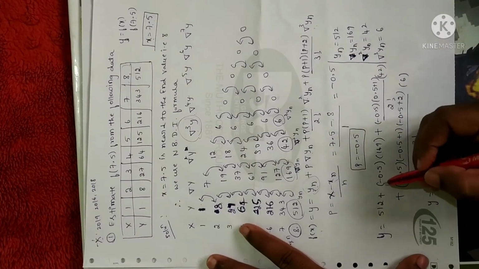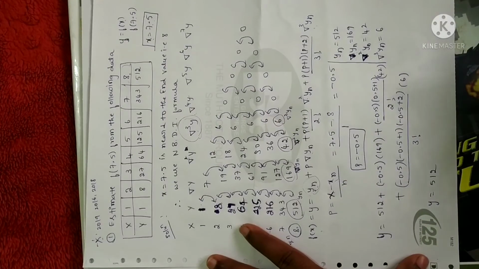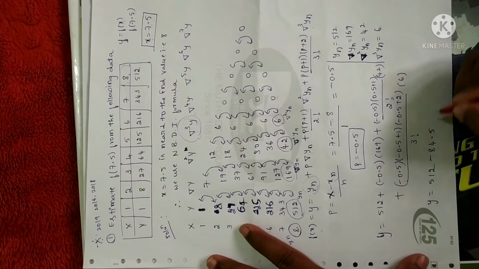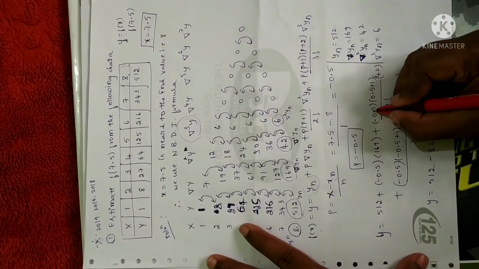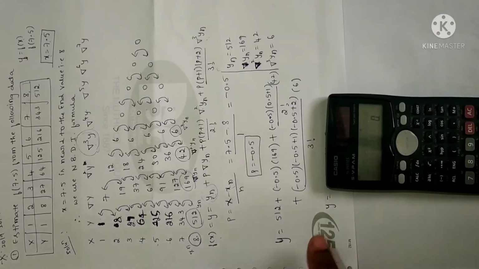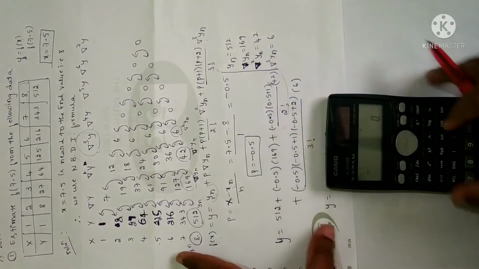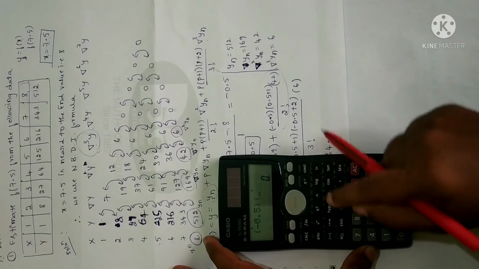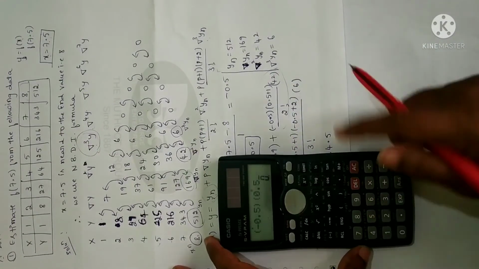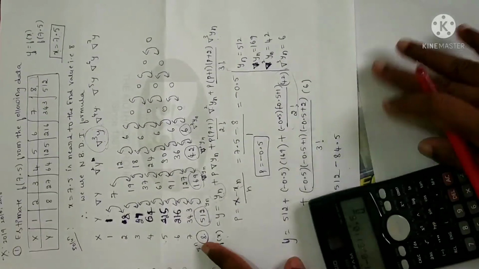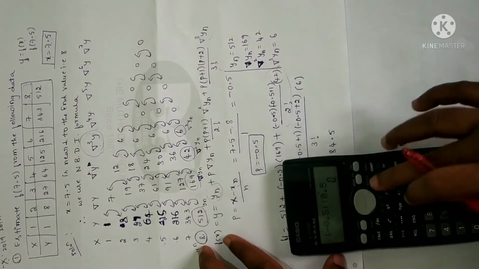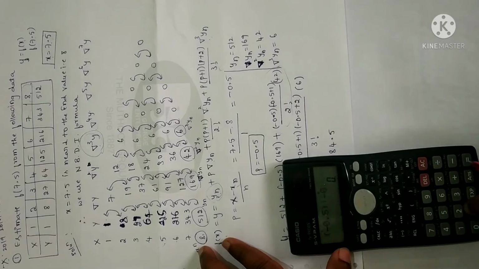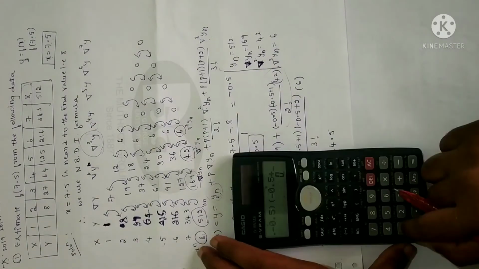Now we need to simplify. The first term, 512, stays as it is. Now multiply minus 0.5 into 169. You will get minus 84.5. Similarly, simplify the next term. I'll show you only one value. First you have to open the bracket, minus 0.5, close bracket, again open bracket, minus 0.5 plus 1, close bracket. The minus was missed there, because p is minus, so whatever you have, you have to put along with the bracket.